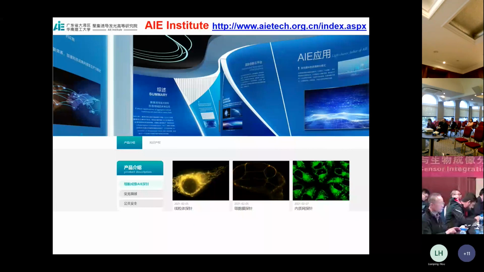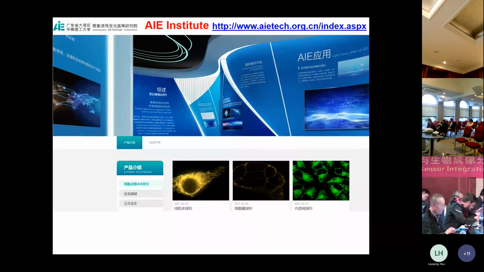Normally our crystals are more emissive than amorphous, which is easy to understand because in the crystal, the molecular motion is more restricted than in the amorphous state. So in some sense this gives you sensitivity or response to the thermal stimulus.